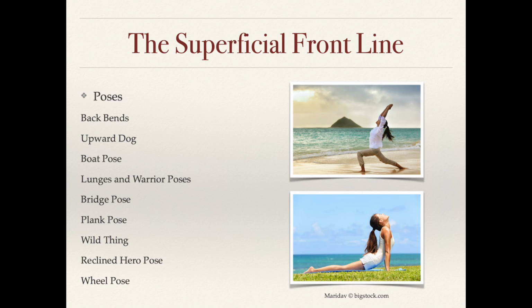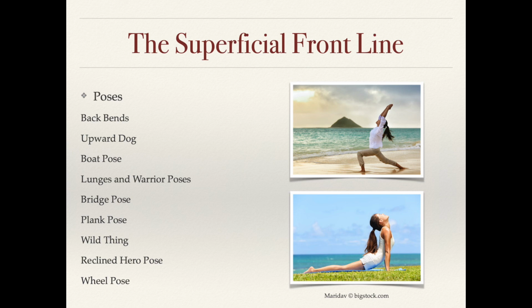The bridge pose is somewhat related to needling points on the abdomen for back pain. So those points that we can needle on the lower abdomen for back pain, the reason those points work is because there's that contraction in the superficial front line. Well, by having someone do bridge pose, then that helps to open up and stretch that superficial front line in the abdomen, and then that counterbalances what's going on in the back.